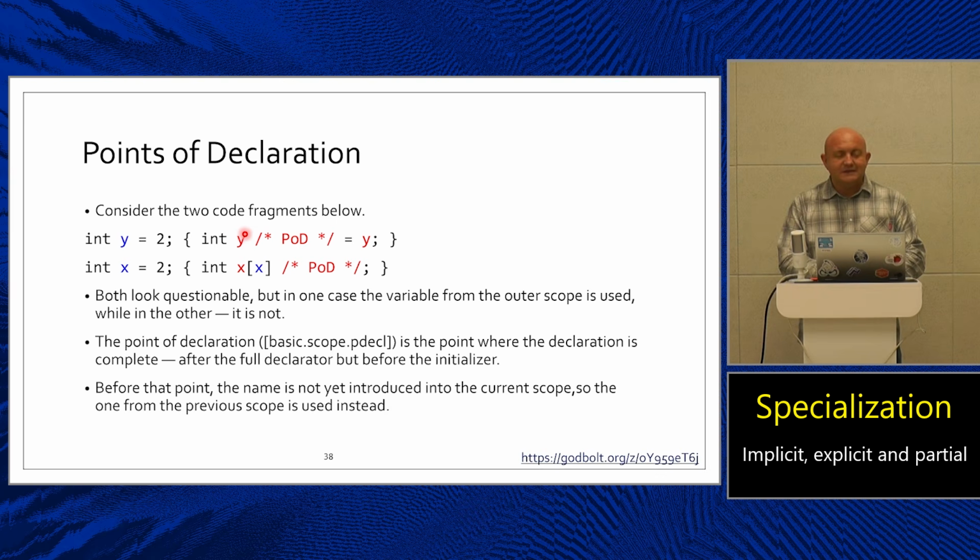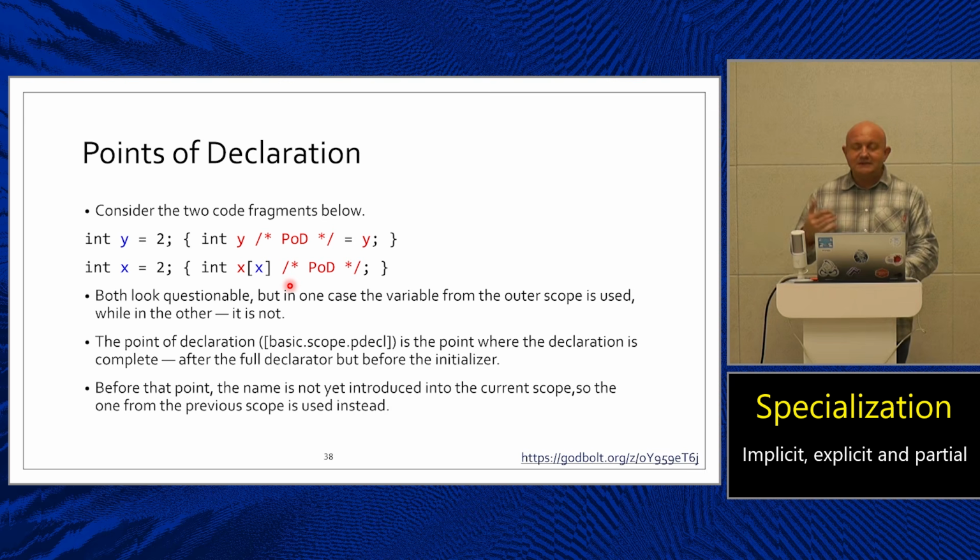And this is the same name. And here, for this array, which is a variable length array, it is forbidden by the language standard, but here this name is used from the outer scope. The point of declaration here is after the full array declarator, x[x].